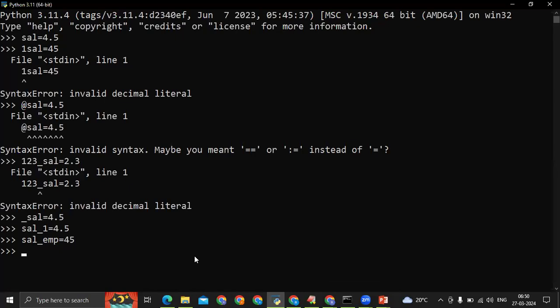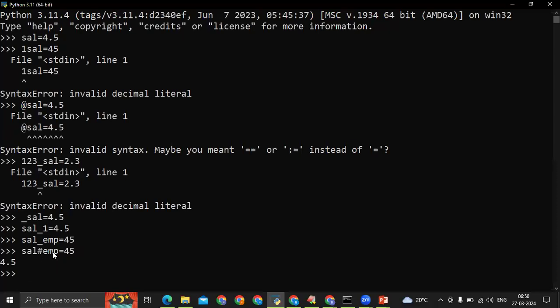Now, if I write sal#employee = 45, it is saying it is 4.5. Why? Because salary is 4.5. It will consider this only.